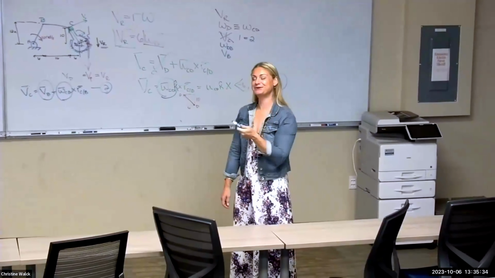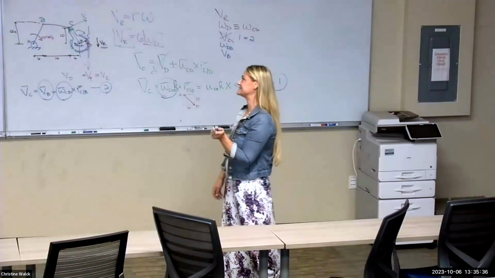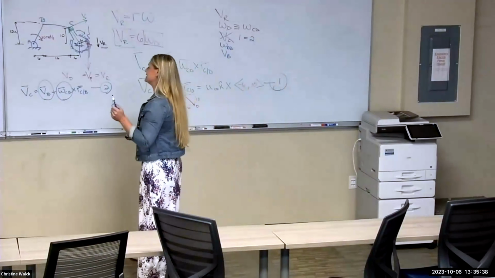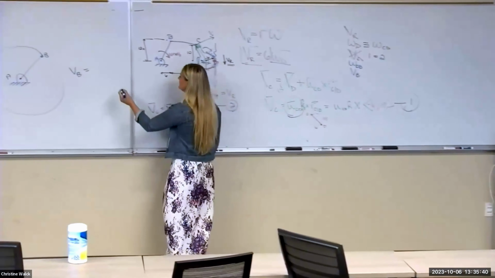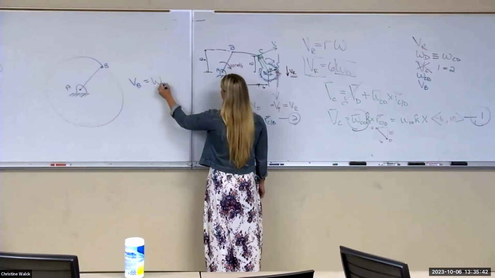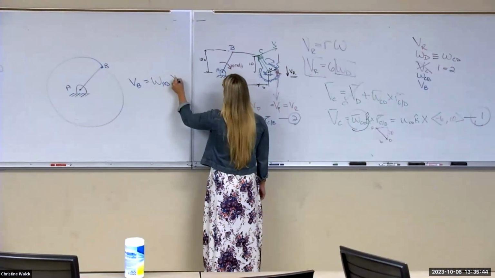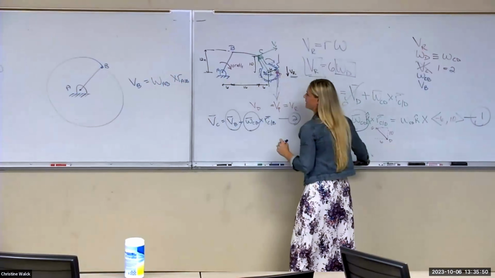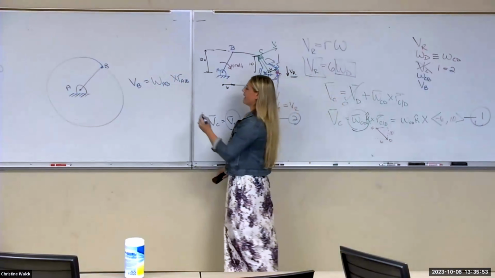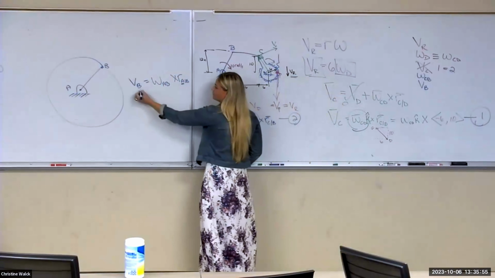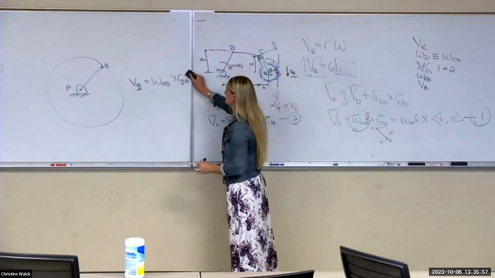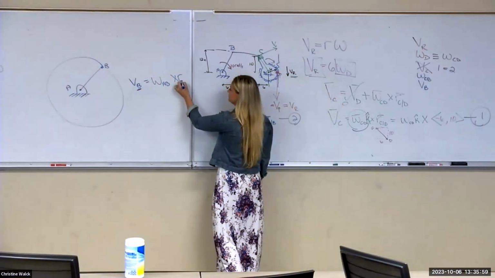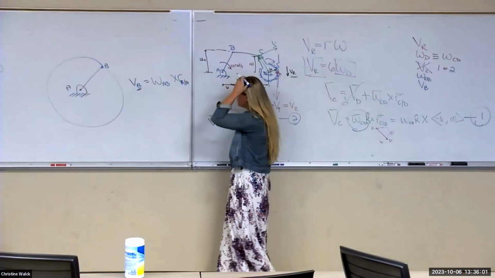Rigid body, pure rotation about a fixed axis, and the axis in question is A. So we have VB equals omega AB cross R of A with respect to B. Oh, what mistake did Dr. Walck just make? I put A first where B comes first. This is incorrect. This should be B with respect to A.